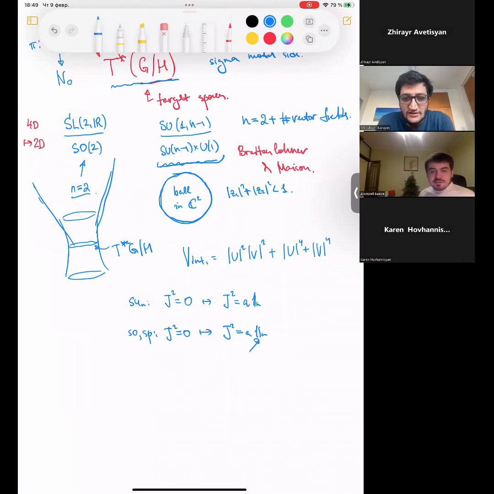So in the SO case, at least, there's an oscillator realization that makes the statement simple.